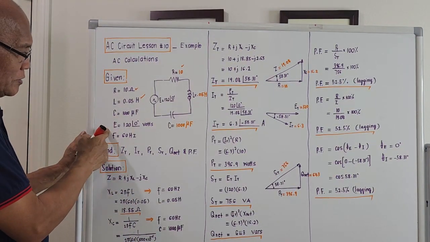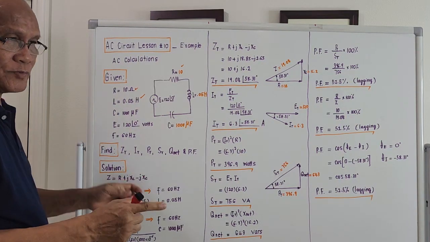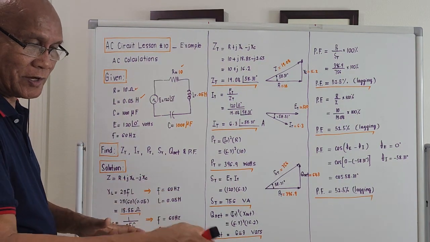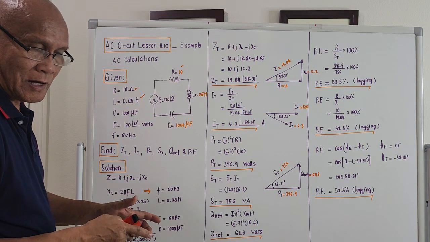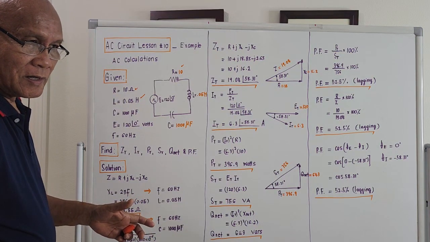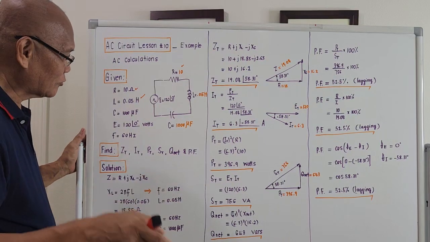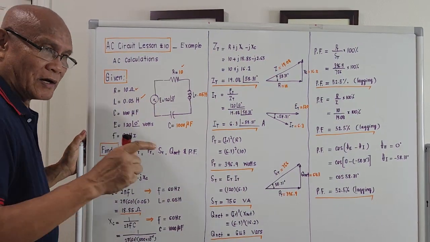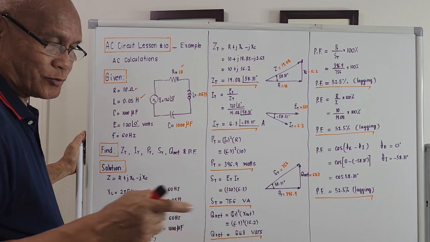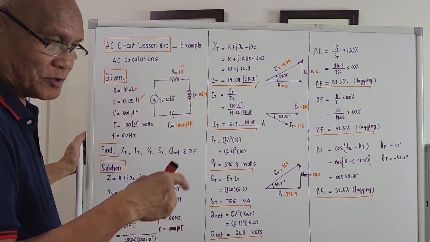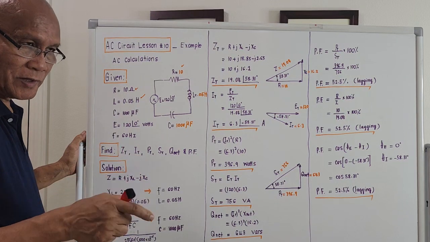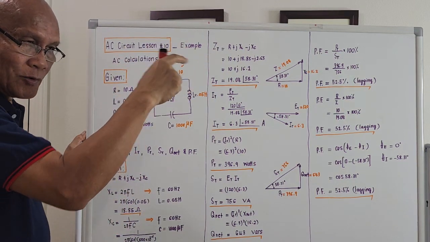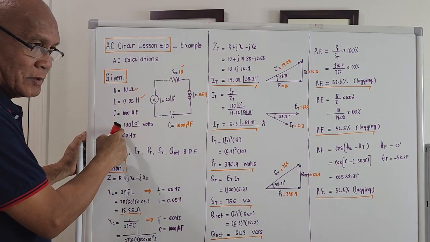The applied voltage is 120 volts. It seems we are here in the USA. The utility line voltage here for households is 120 volts. There are some 240 or 220, but those are special cases. Mostly the utility voltage coming from the post is 120 volts.